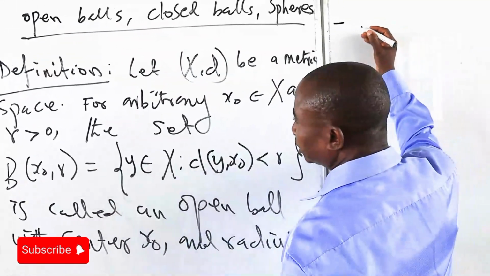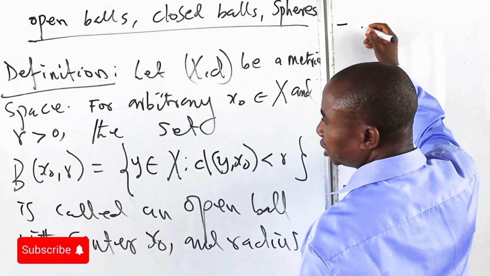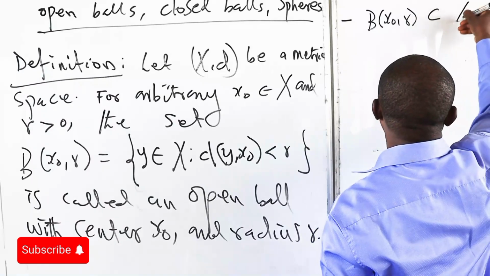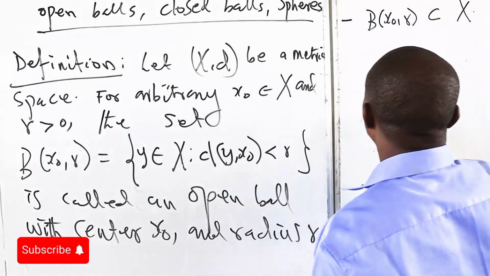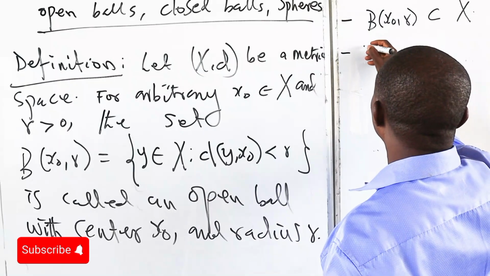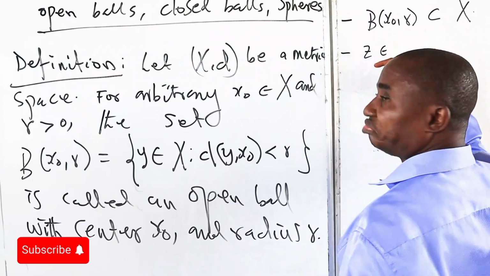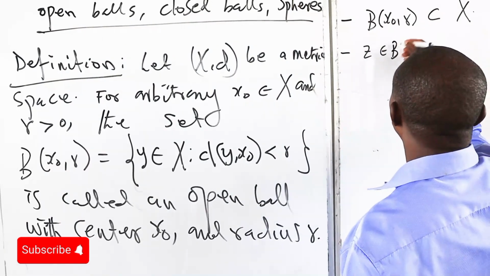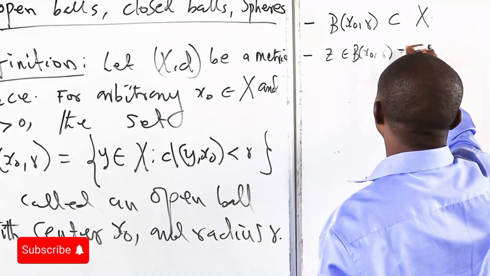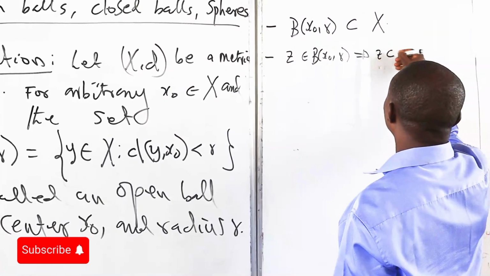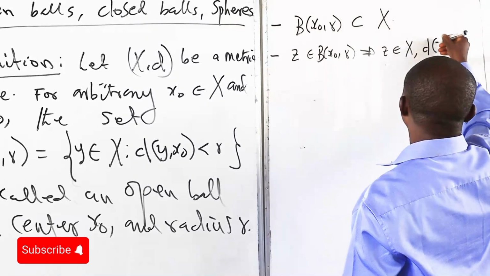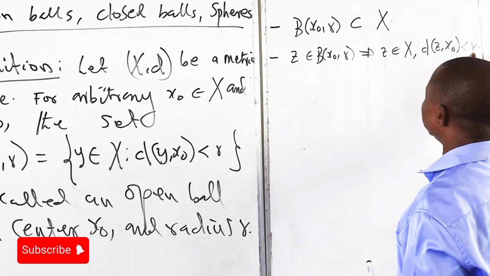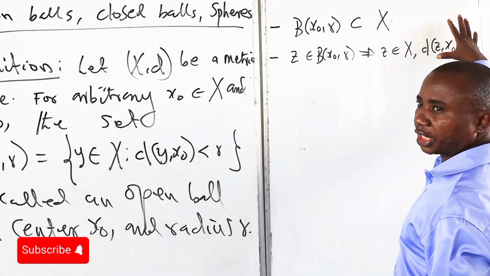Number one, an open ball with center x naught and radius r is always a subset of the metric space capital X. Another fact: if I take a point z in B(x naught, r), this simply says that z belongs to capital X and the distance between z and x naught is smaller than r. Like I said before, this r is taken ab initio, so you know what you are looking at.